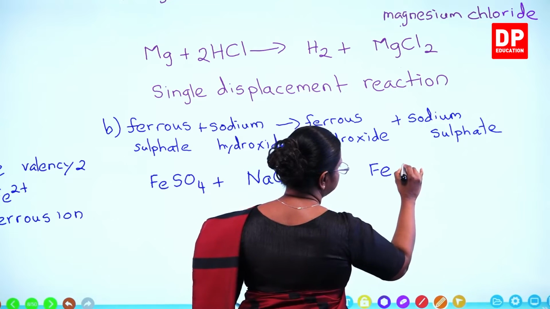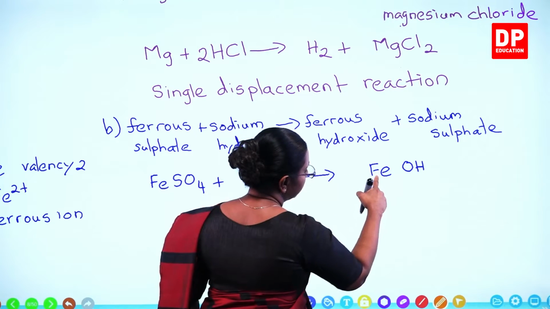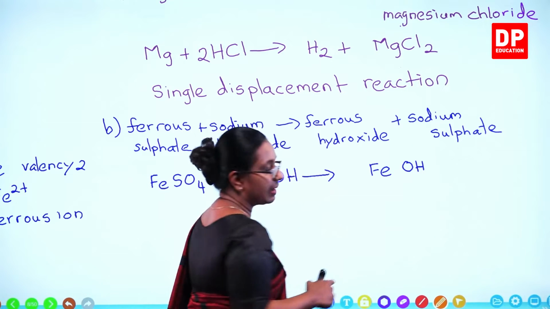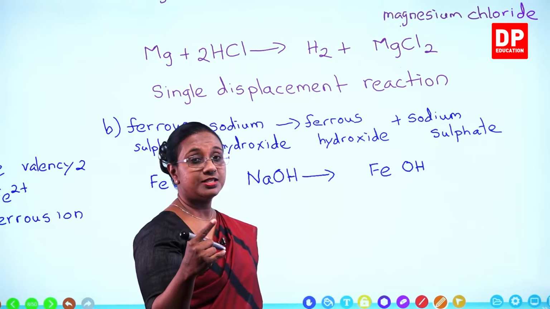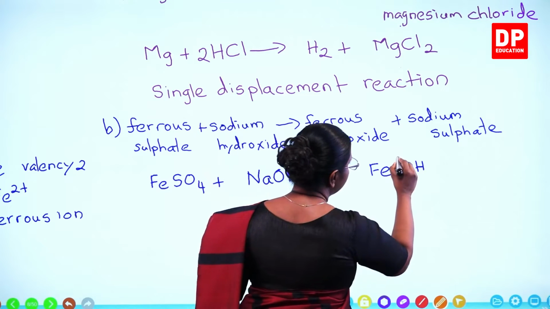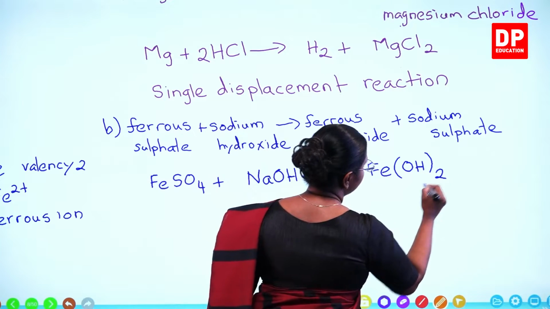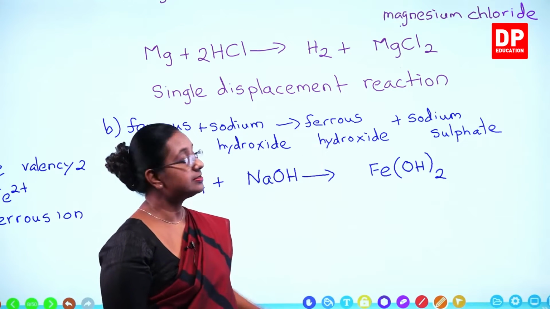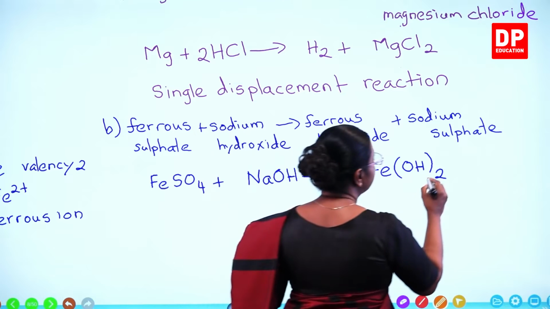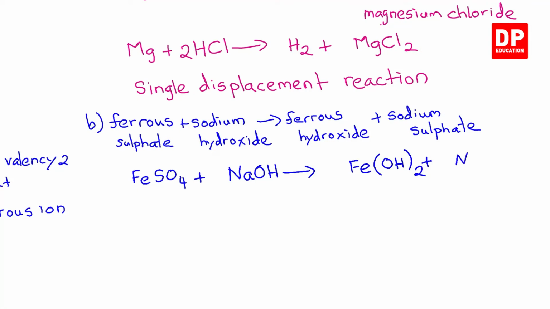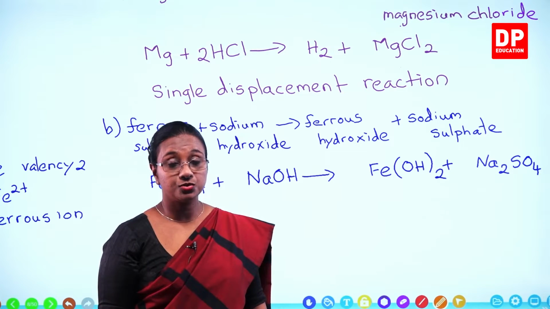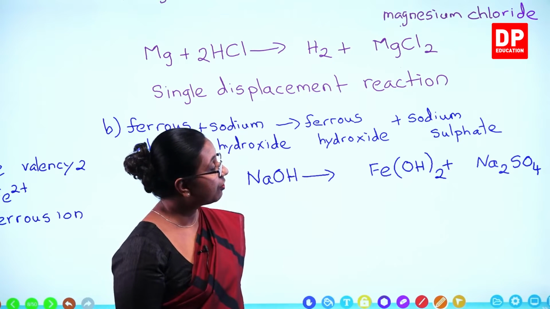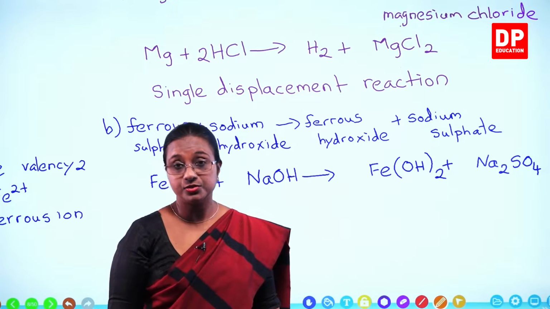So Fe, this has valency 2, OH is minus. So when you exchange, it should be Fe 1 and OH has to be twice. Fe(OH)2 is ferrous hydroxide. And sodium sulfate, Na2SO4. Sodium valency 1, sulfate SO4 2-. So you get the formula as Na2SO4.